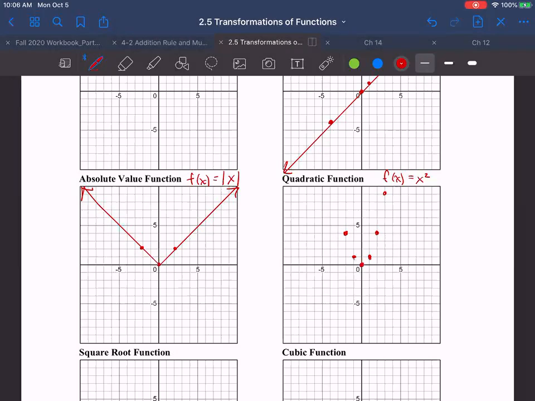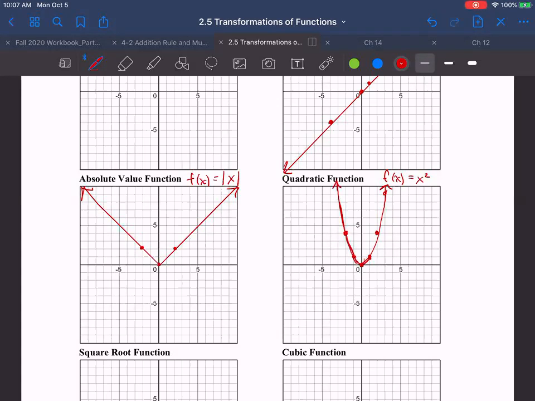And so what you end up with is this kind of U-shaped graph. It's not V-shaped, but U-shaped down there at the bottom. I didn't do a very good job on this second part, but there you go, something like that.